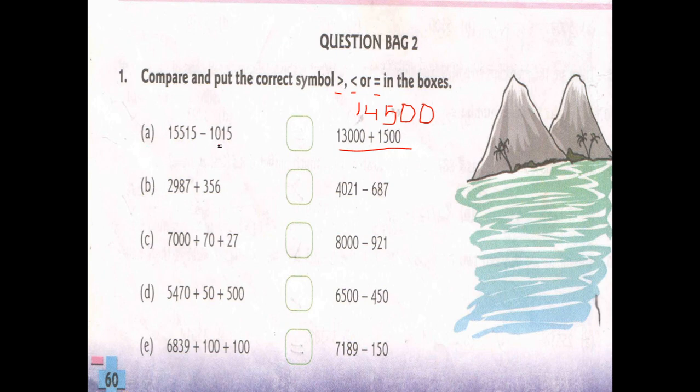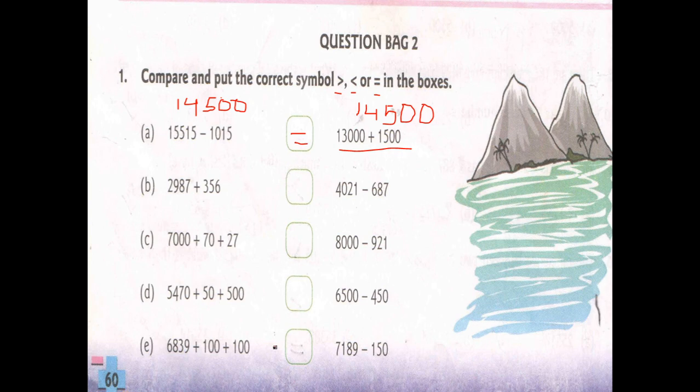And when we are subtracting, 15,515 minus 1,015 will be equal to 14,500, and 13,000 plus 1,000 is also 14,500. That means the equality sign is given here.